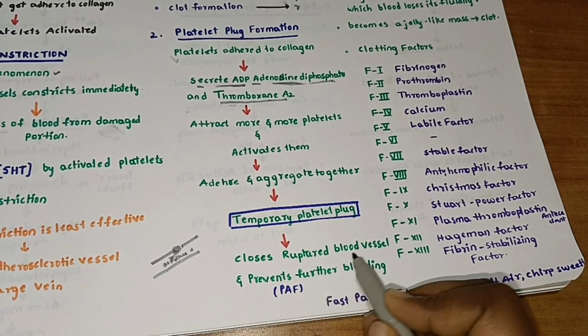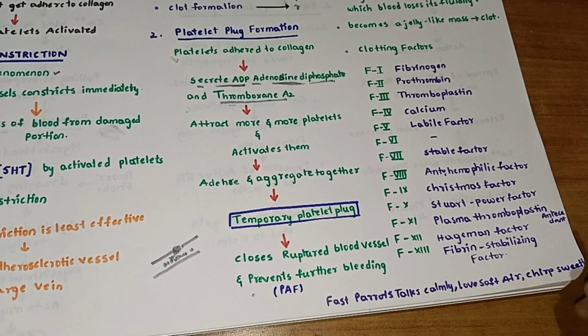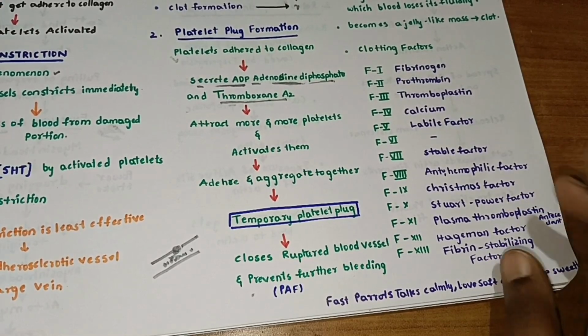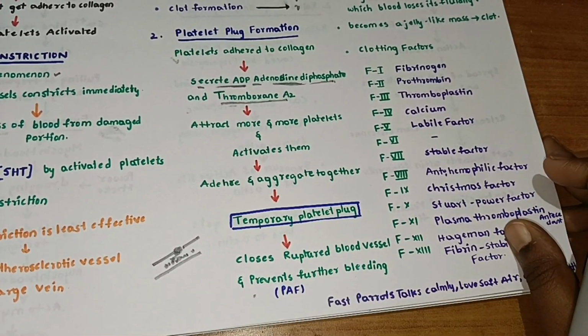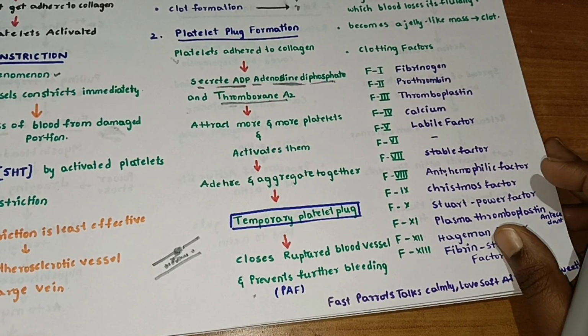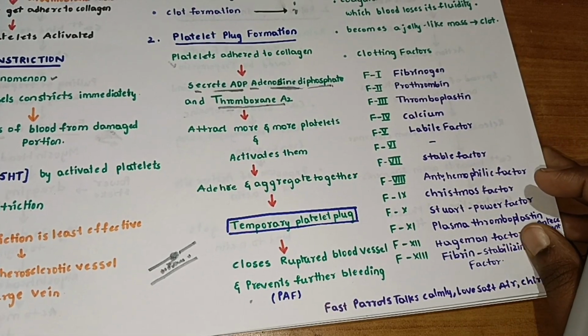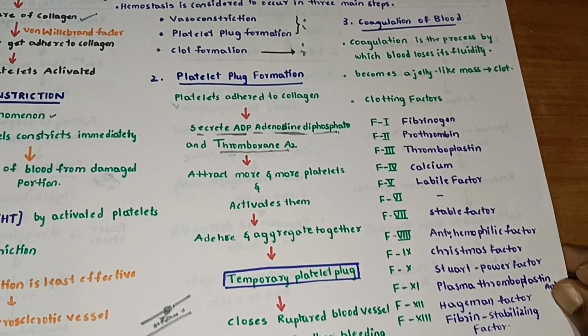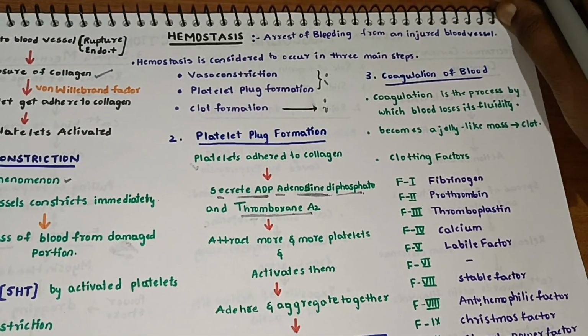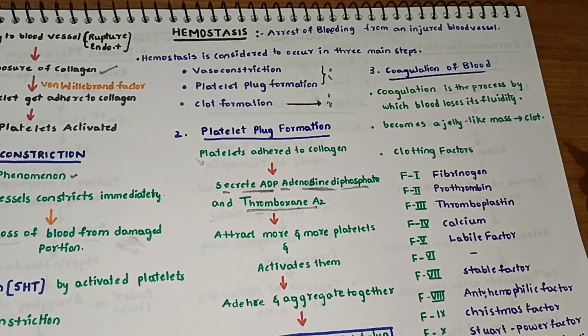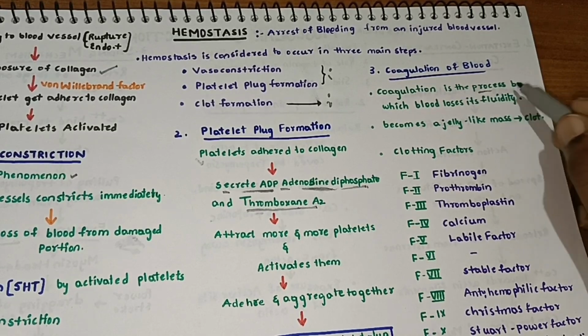For complete stoppage of bleeding, we need factors known as coagulation factors, blood coagulating factors, also known as clotting factors. Coagulation is the third step. It is a process by which blood loses its fluidity.